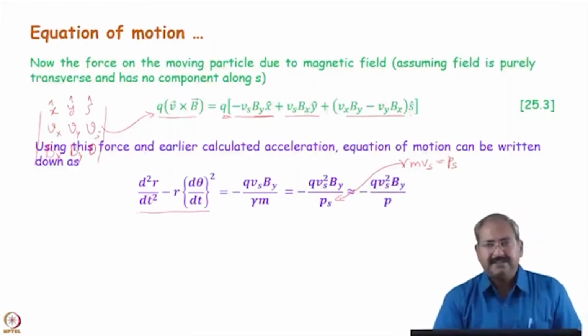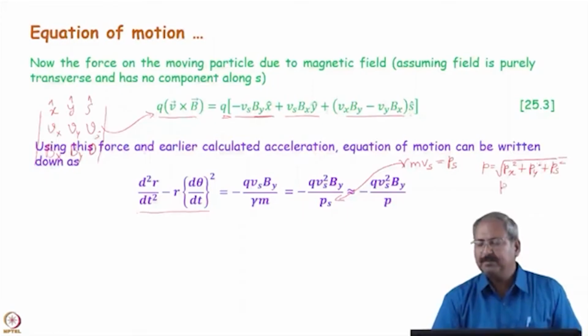Now in an accelerator the beam has almost the same direction, and in that direction the velocities are highest, meaning the transverse components of velocity are much lower than the component of velocity along the s direction, the beam propagating direction. So P is equal to the square root of Px square plus Py square plus Ps square.